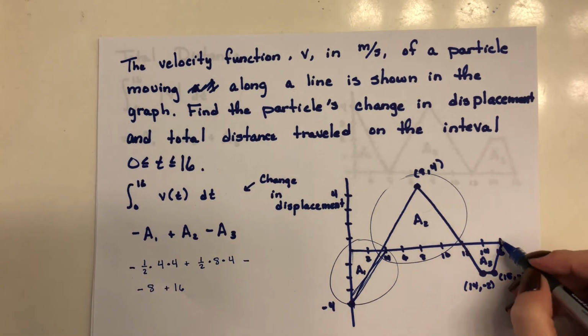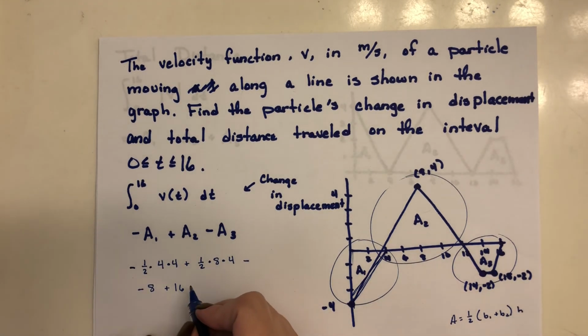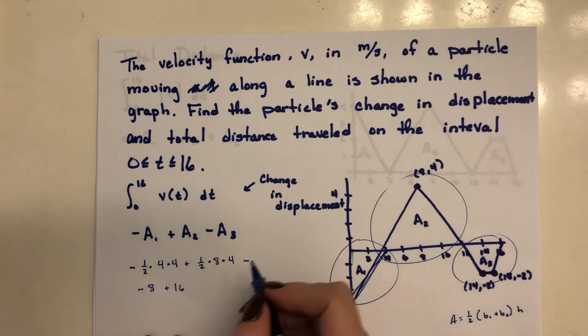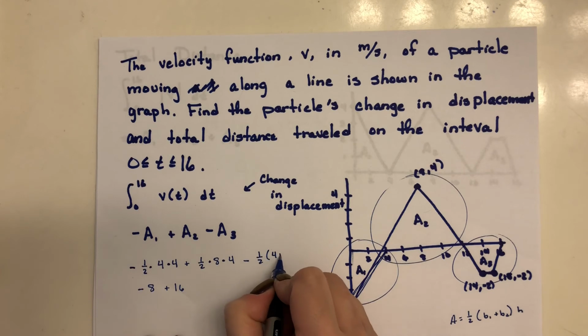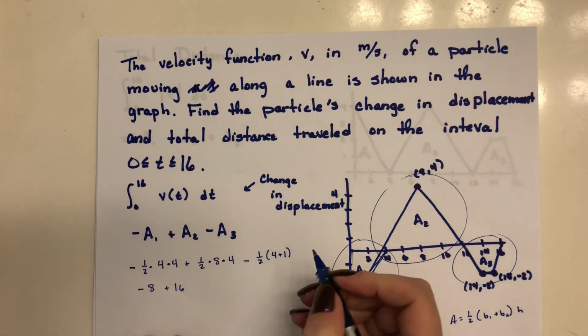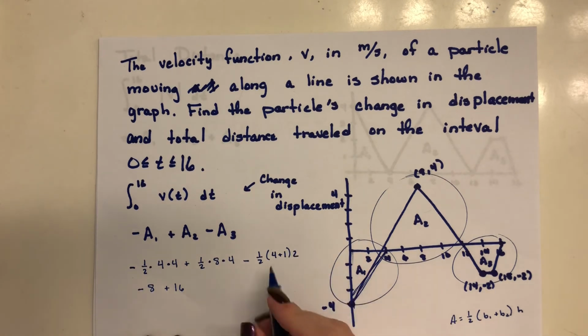Okay, and now let's come over here and look at the trapezoid. Just to remind you, the area of a trapezoid equals 1/2 base 1 plus base 2 times your height. All right, so if I'm looking at those two bases and doing that problem out the correct way, it's going to be 1/2 times 4 plus 1, those are your two bases, and your height in this case is 2 units.